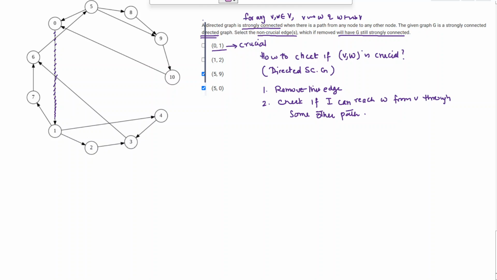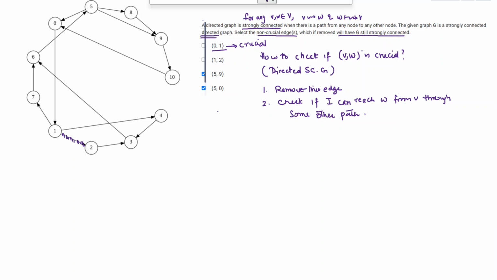Now let me remove this mark. Now let's see about the second edge, which is 1 comma 2. If I remove 1 comma 2, suppose I remove this edge, then the question is, can I reach 2 from 1 through other means?